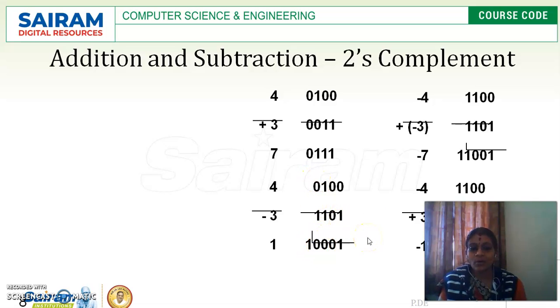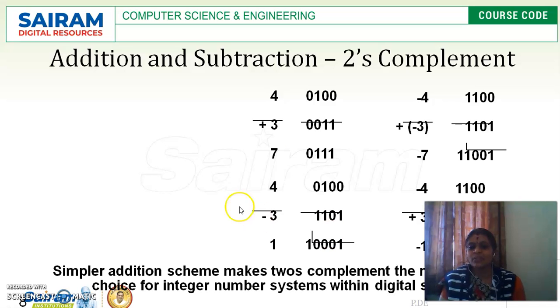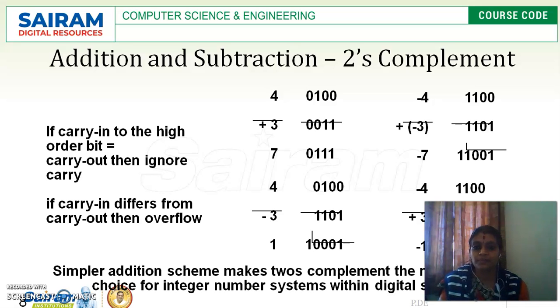So if you see all these different cases, actually here the most common choice for the integer number system within digital systems, right? So this is the scheme, actually we are making two's complement numbers, either we can add or subtract.